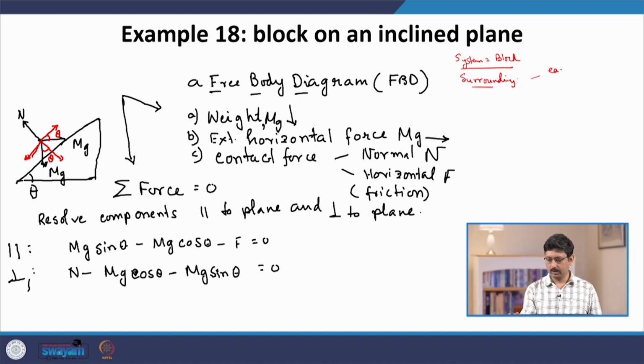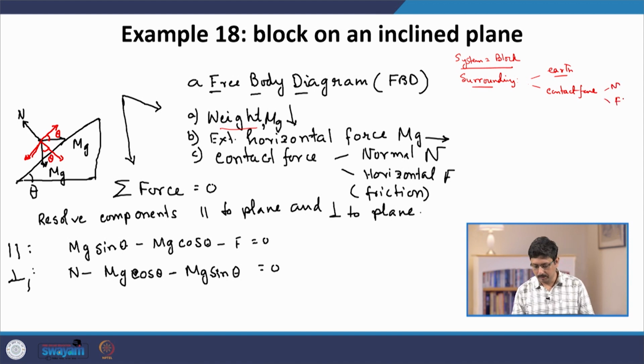One is the earth, exerting the weight mg, which is downwards. Then the second is the contact force, which has two components, N and F.